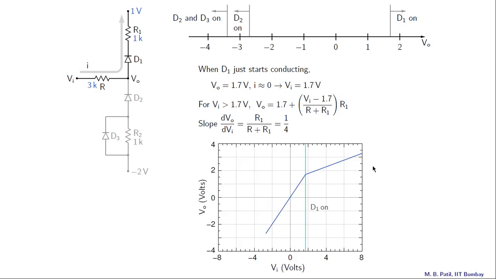So here is the plot. This region is VI greater than 1.7 volts. This is 2 volts, this is 1.7 volts. We have a straight line here with a slope equal to 1 by 4.